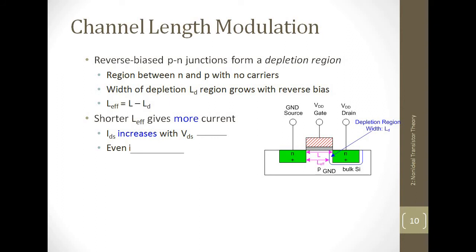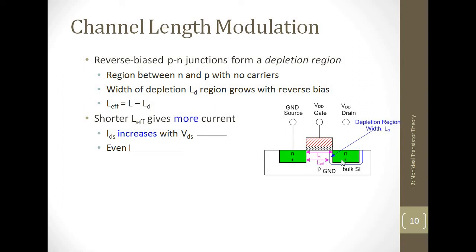Then next is channel length modulation. A reverse biased PN junction forms a depletion region between N and P with no carriers. The width of this depletion region, LD, grows with reverse bias.